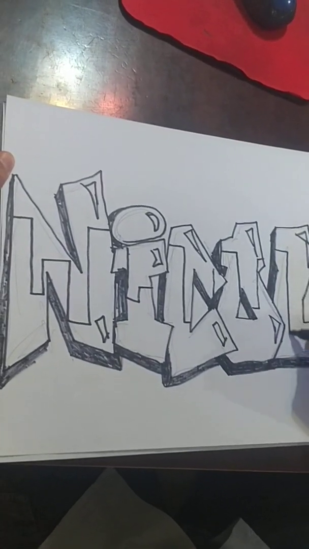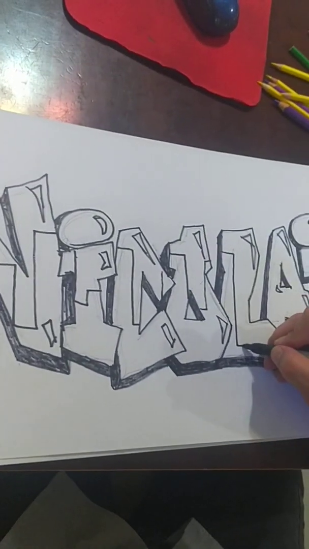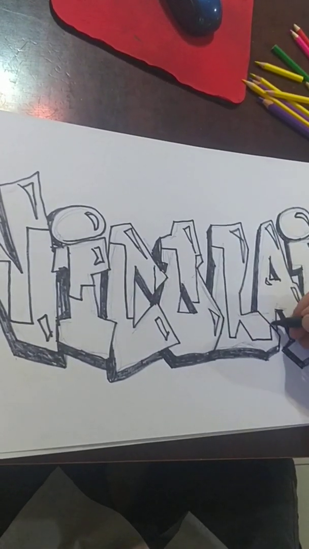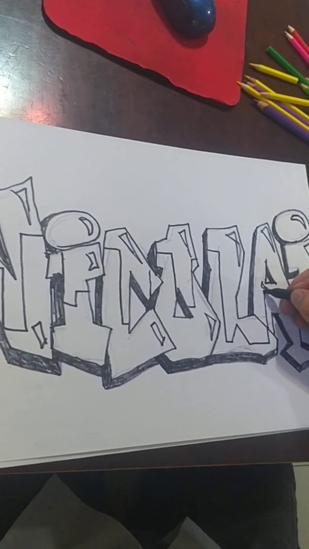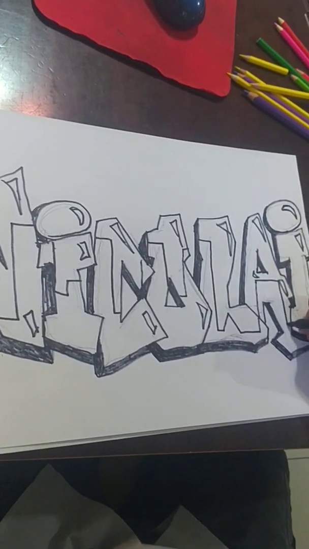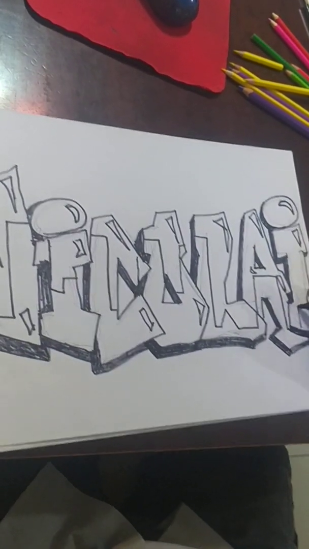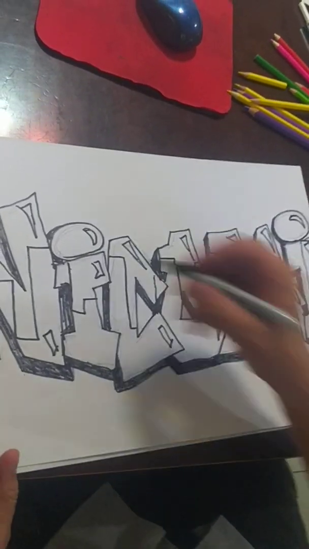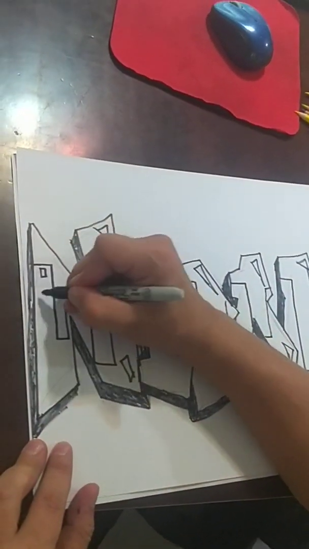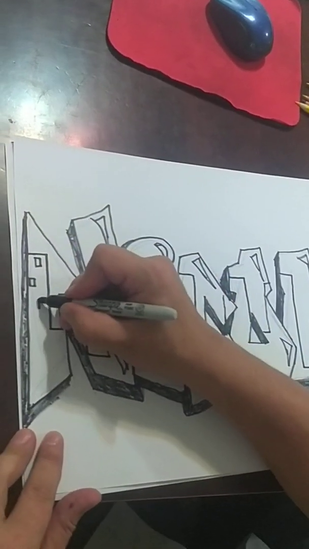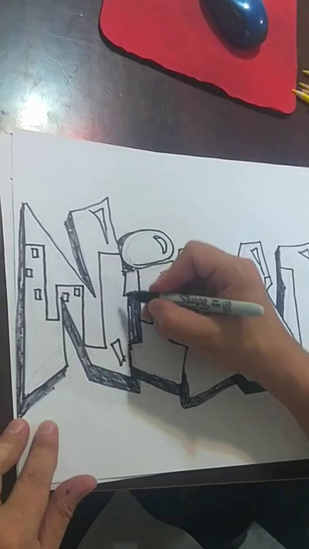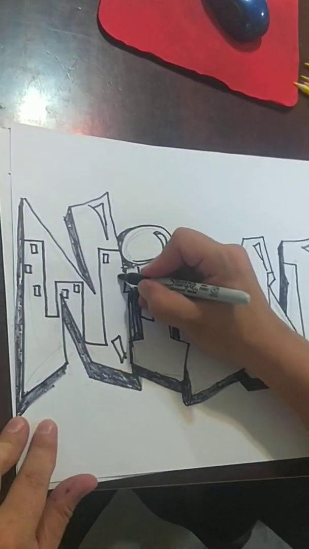So what we're trying to do is the shape of the city skyline. Let's have a nice tall one here. Okay, next thing we're going to do, there's a few little boxes. These are going to be the lit windows. So these boxes are going to be yellow.